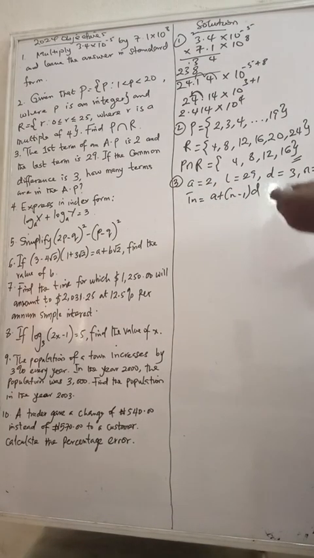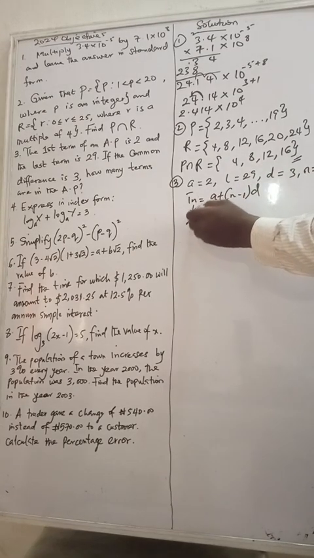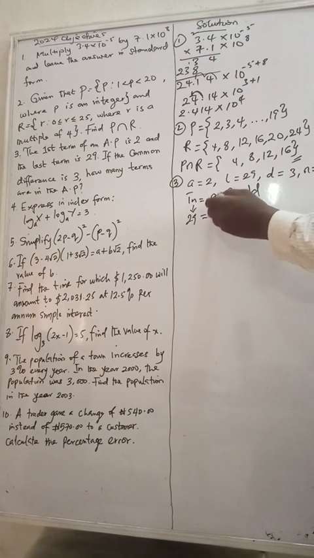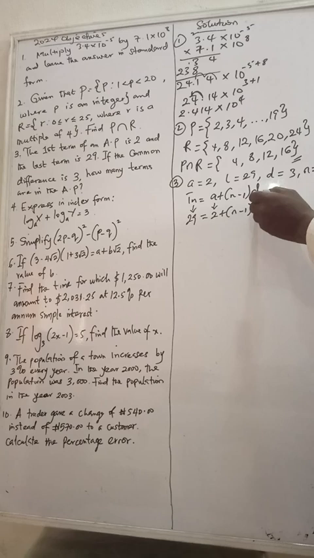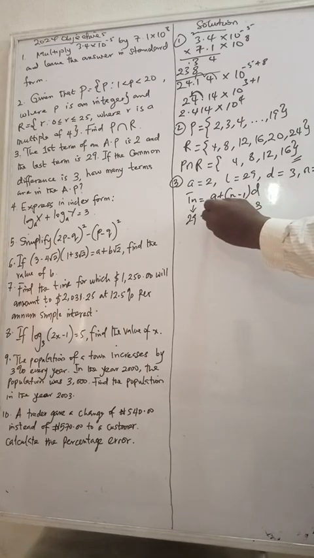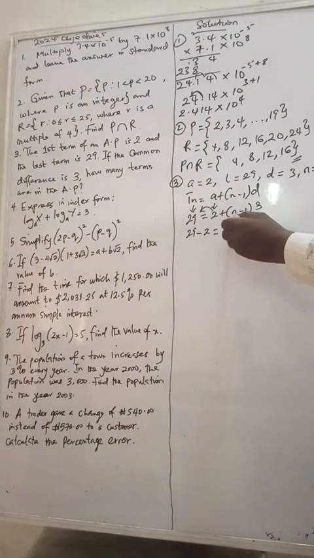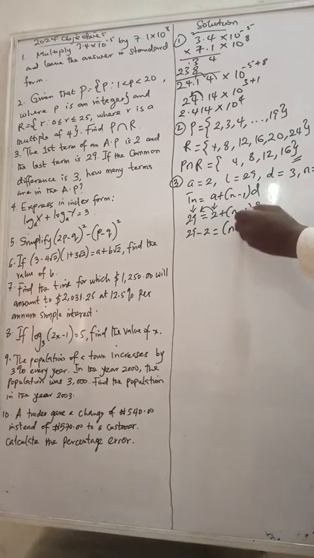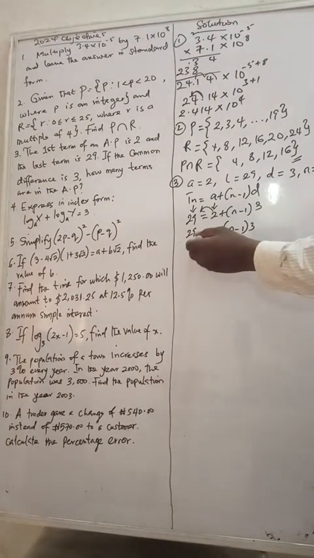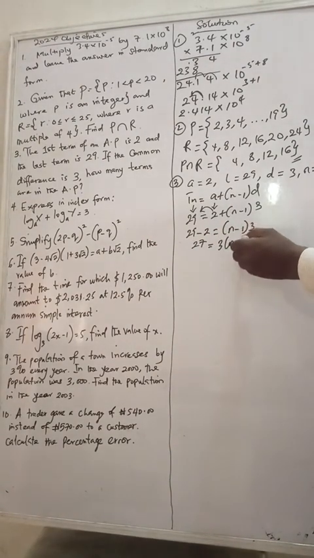And since they said the last term is equal to 29, we can replace the nth term with the last term. 29 equal to, we replace A with 2, we are looking for n, then we replace D with 3. So if you take this one out, you have 29 minus 2 equal to n minus 1 times 3. So this will give me 27 equal to 3 times n minus 1.